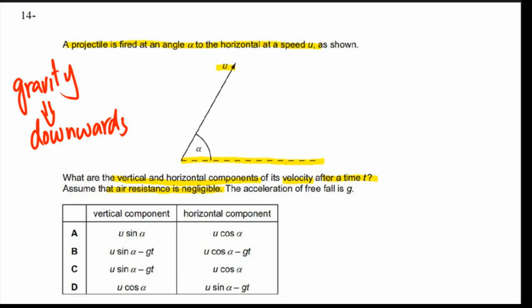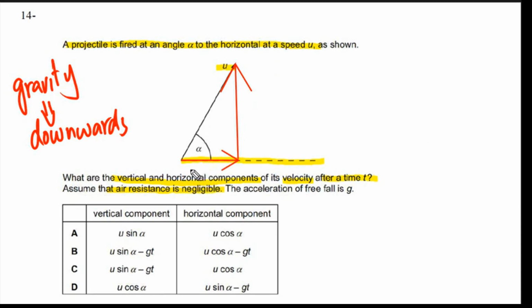Now let's first of all resolve this into its components. The first component is the horizontal component of this velocity, and we can also resolve into the vertical. So we resolve into two components, vertical and horizontal. These are the initial velocity components.